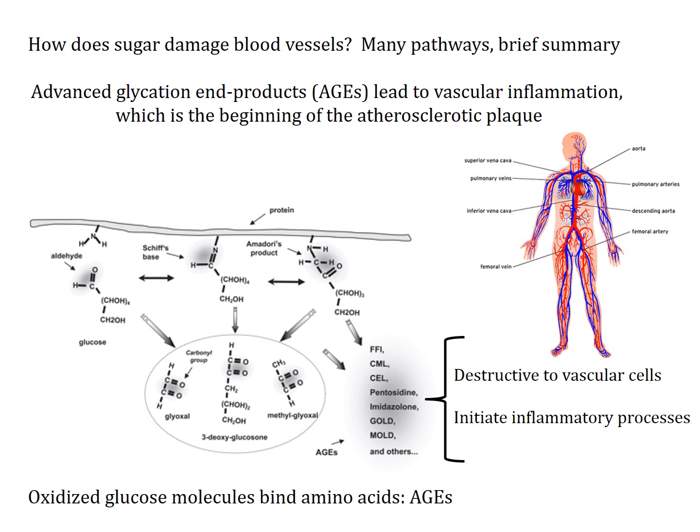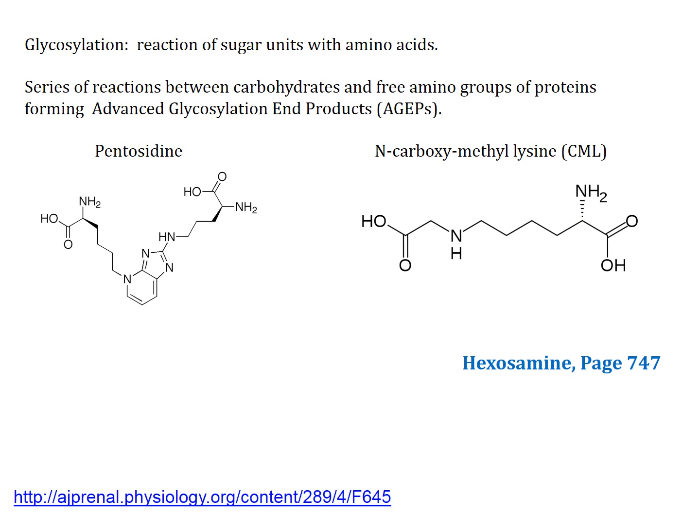There I said advanced glycation, and I talked to a couple of people that I know in the chemistry department where I'm teaching, and what's the right term? Glycation, glycosylation, I guess we can say both. But an AGE is sugar reacting with amino acids, and then these compounds such as CML, these compounds such as pentosidine, as they build up in the vascular wall, begin that process of inflammation and contribute to the atherosclerotic plaquing.